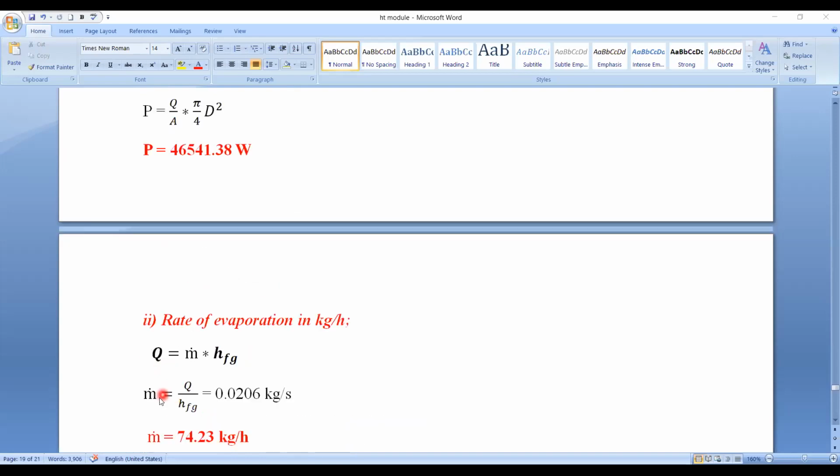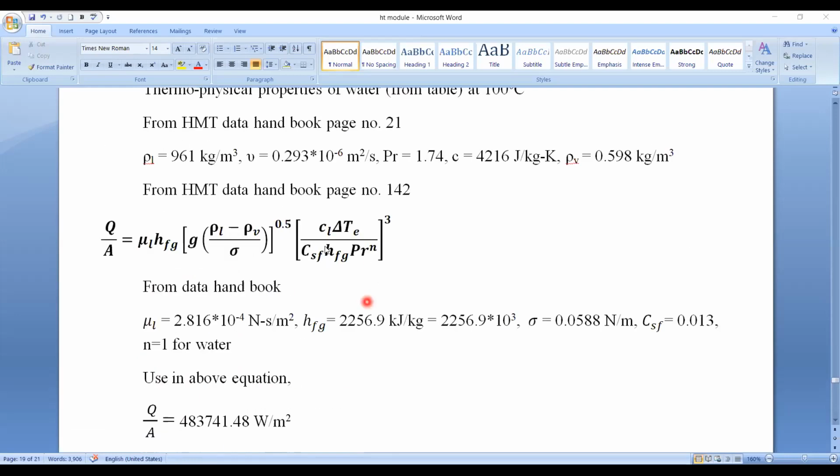So this Q is nothing but 46541.38 watts, divided by hfg. You should be very careful while taking the value of hfg here, and while substituting it in this equation, students, because hfg is 2256.9 kilojoules per kg. But while substituting, you have to multiply this with 10 to the power 3, because he has given it in terms of kilojoules.